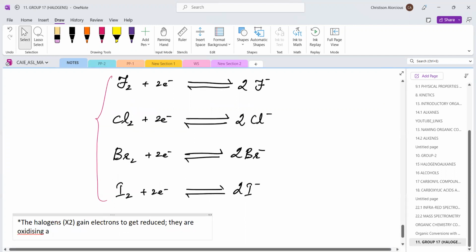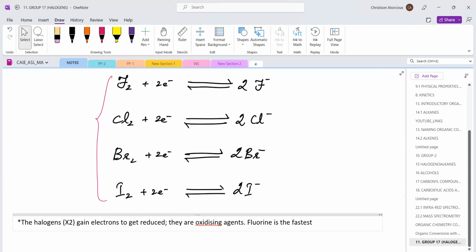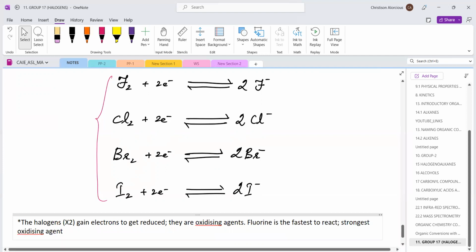They are oxidizing agents. And we know that fluorine gains electrons rather quickly, and that's the reason why it reacts very, very quickly. Fluorine is the fastest to react. Hence, it is the strongest oxidizing agent.